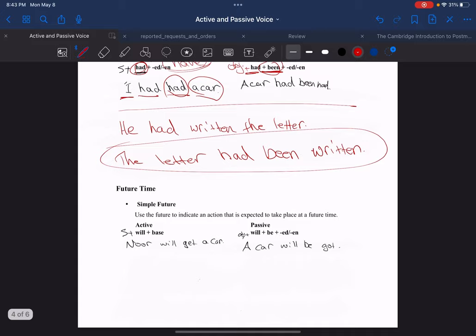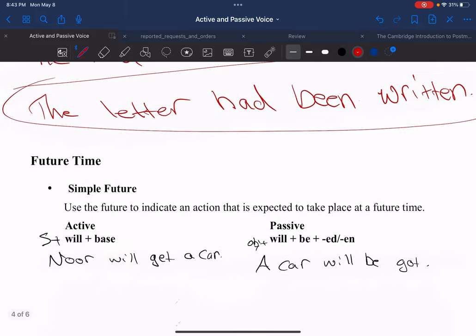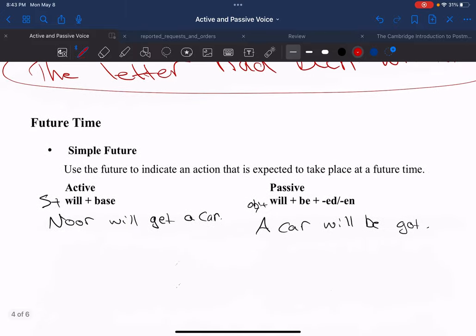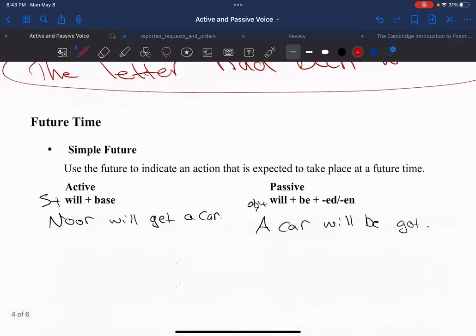Now, future time. The simple future. Once you step into future, sometimes this is not even easy for the passive states in their active states. Sometimes future, as you progress into the depth of them, becomes somewhat confusing for students.